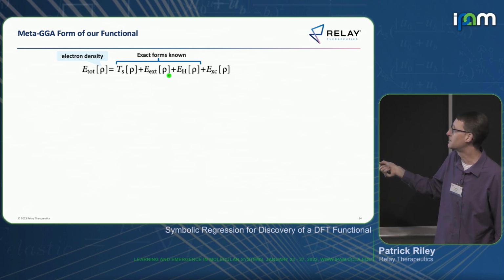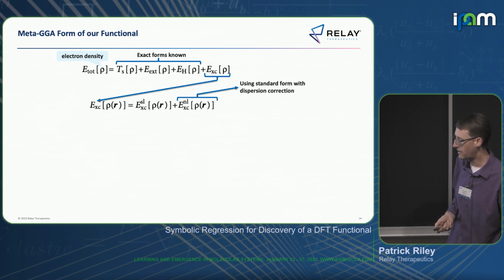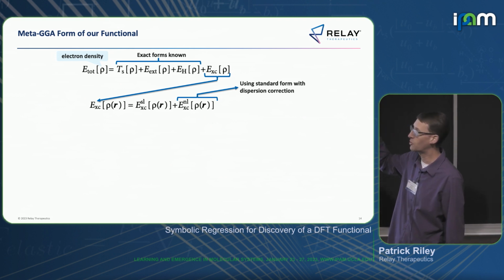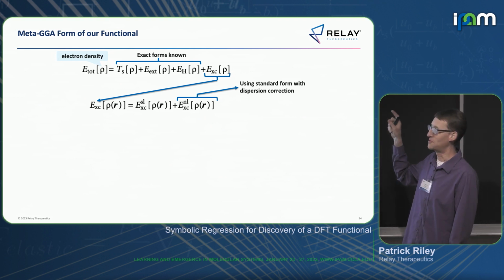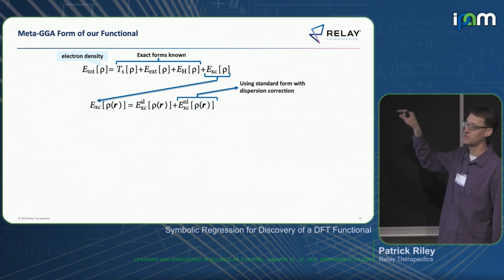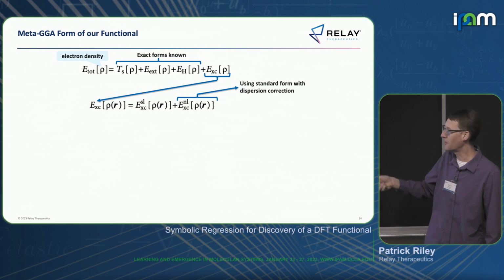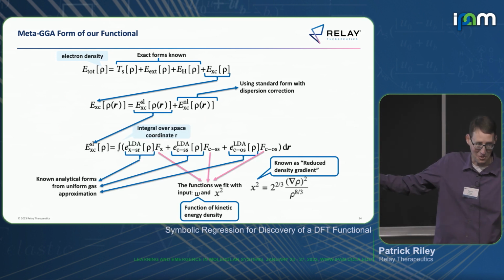So the only thing we're trying to find here is this last term, the XC part. We're going to break it up into a non-local part and a semi-local part. We're using a very standard form with dispersion correction, which is the same as what's in the ωB97 family for the non-local part. So now we're only going to work on what's in this semi-local part.